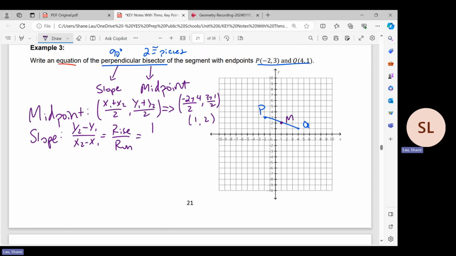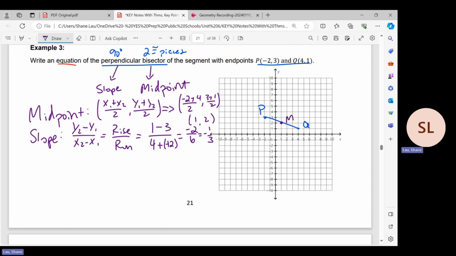We're going to say 1 minus 3 over x2, which is 4 minus a negative 2. Now, of course, a negative minus here is going to be positive. That double negative will change it. We will then get negative 2 over 6, which will reduce down to negative 1/3.